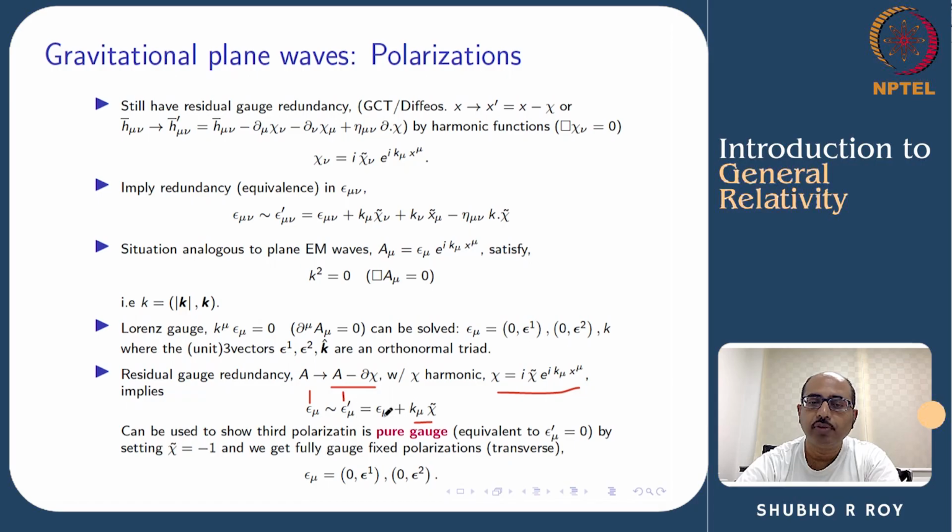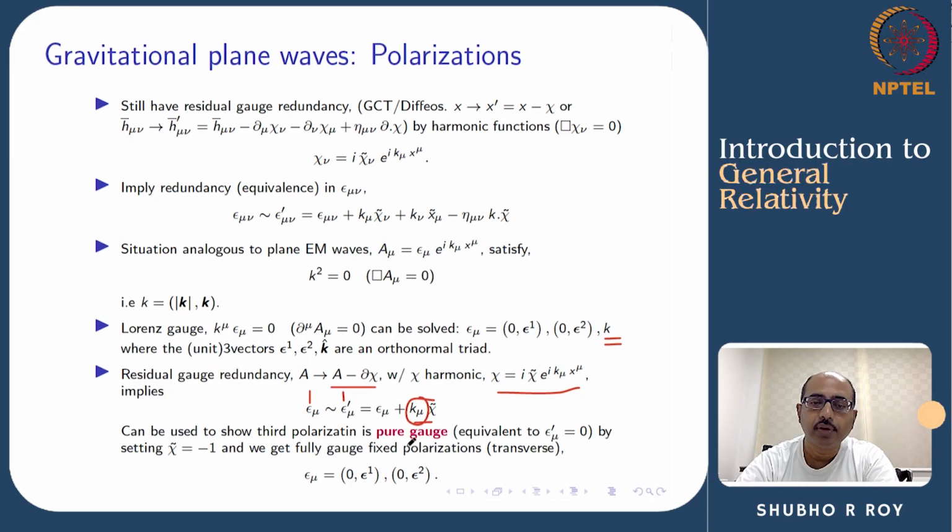Epsilon prime is given by epsilon plus something proportional to k, by this number chi tilde. Two such polarization vectors represent the same electromagnetic wave. So this can be used to show that this third polarization k is actually not there. It's not a physical polarization because it is gauge equivalent to zero.